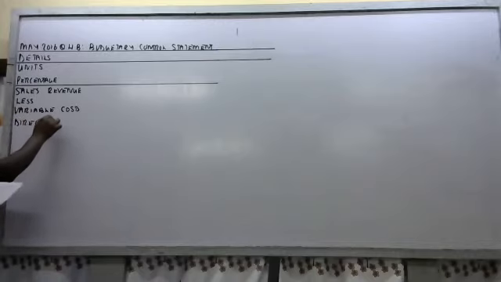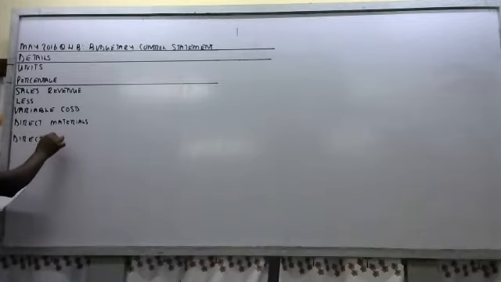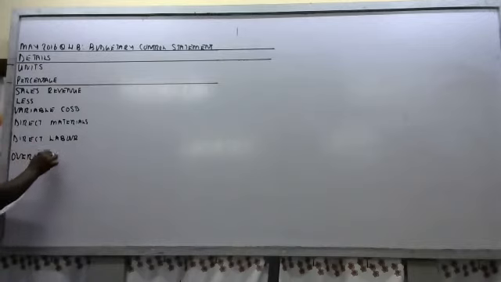The first one is direct materials. It is followed by direct labor. And then we have overheads. Then when you do that, you get a figure we call contribution.